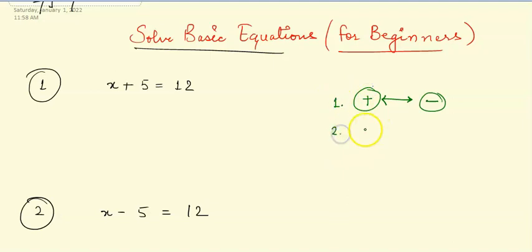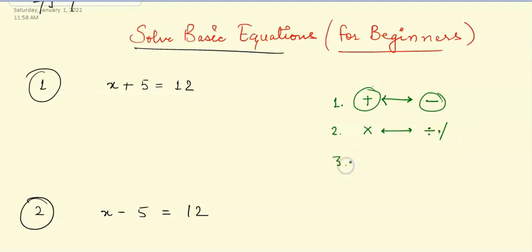Then secondly, multiply is always related to division. You can write divide like this, or you can write this, right? Both are true.